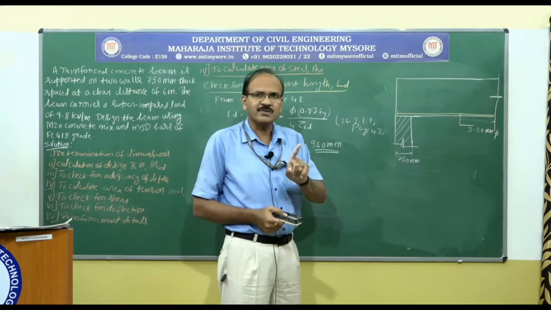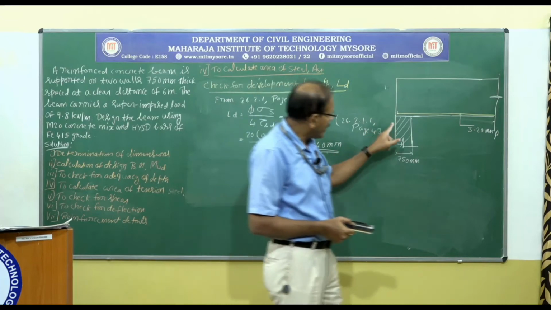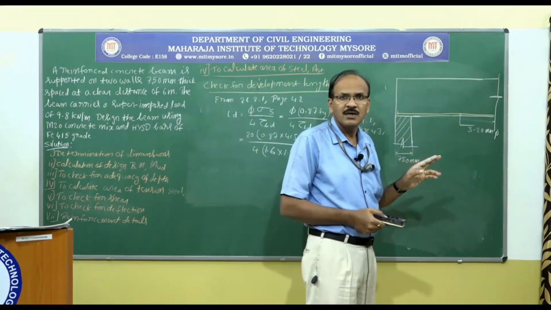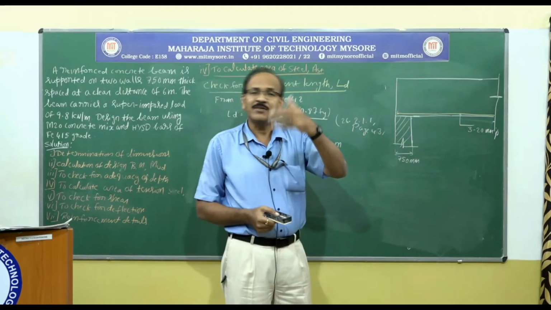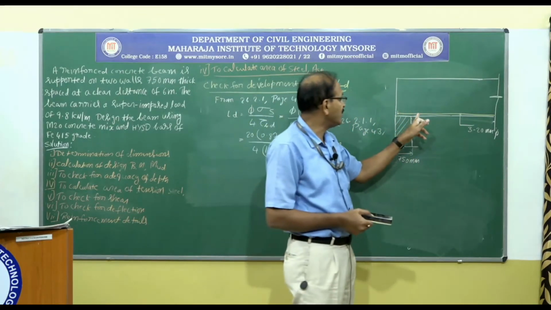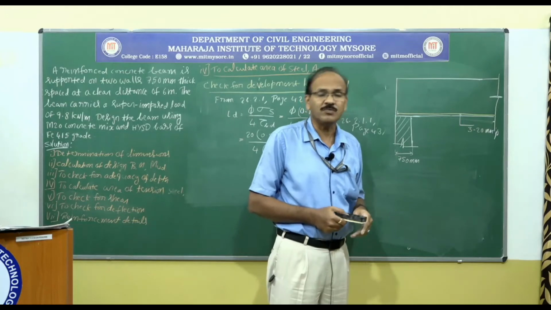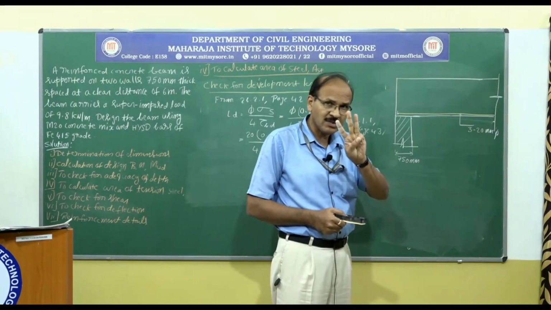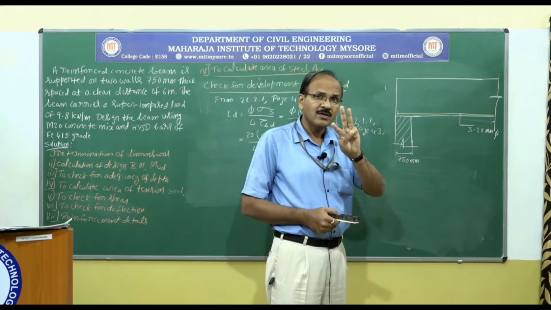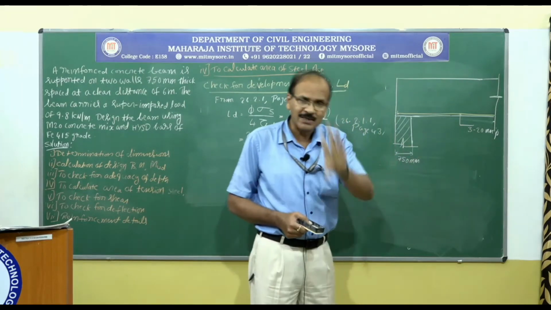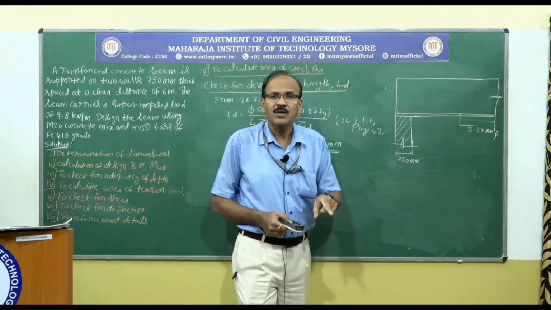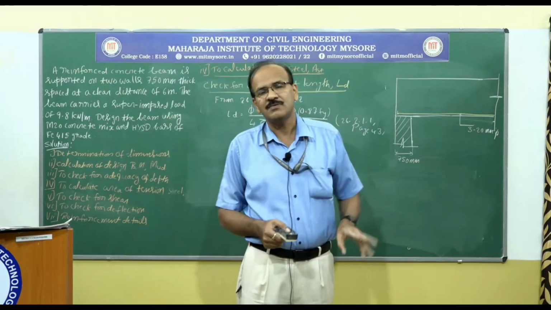But the code says, in case of simply supported, at least 1/3 the number of bars should be continued here into this support. So we have 3 bars, okay. So as per the code we can cut 2 bars. But practically speaking, we need at least 2 bars.